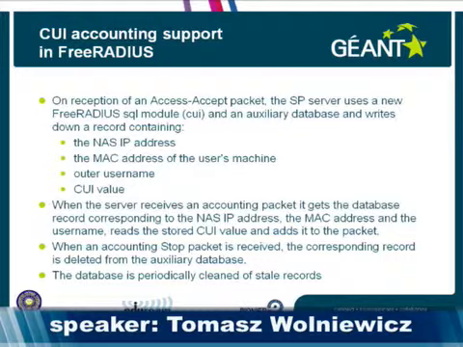Therefore, this way the server does what the access point should be doing in the first place, yes? But since the access points don't do this, we have a way of doing the same thing in the server.